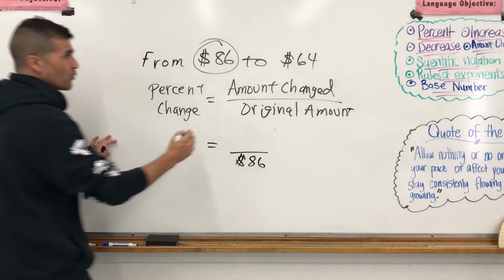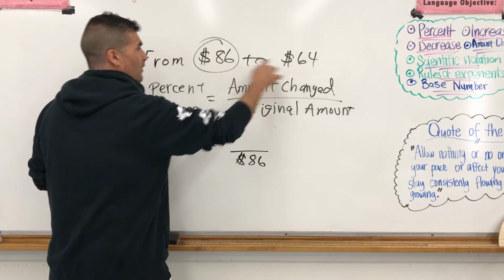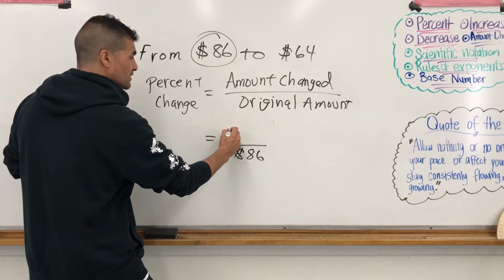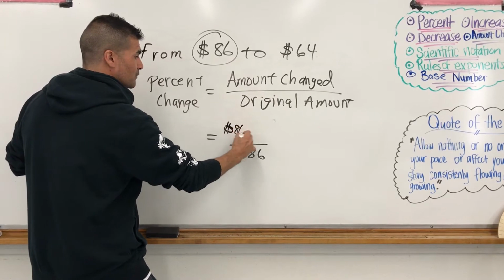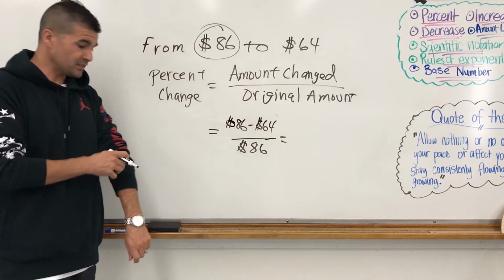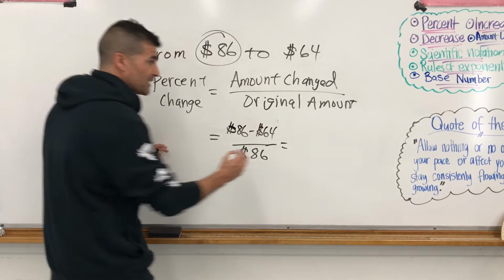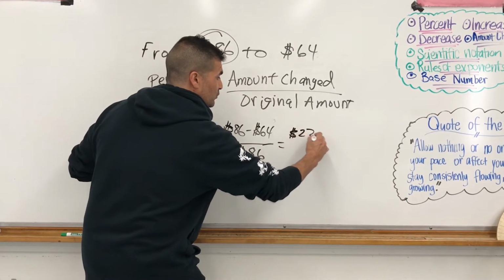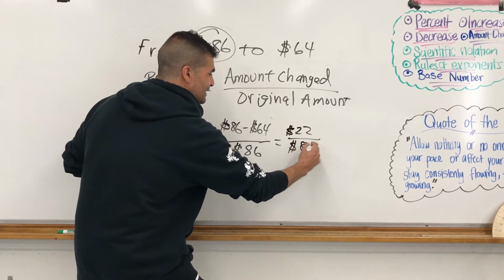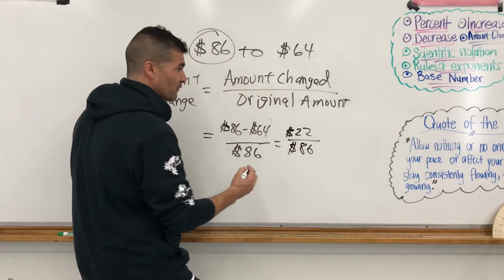At this point, what you're going to do is find out how much money actually went down. So this is going to be $86 minus $64. Well, this is going to give you a total amount of money that went down of $22. If you divide it by $86, and here's what I mean by divide.